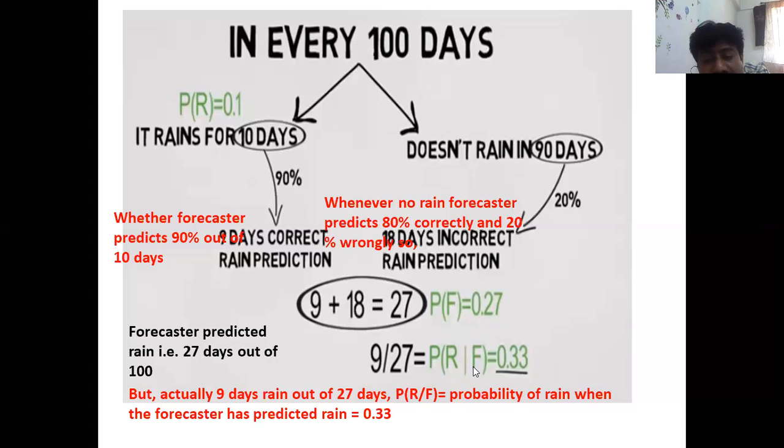And what that person was looking for is the value of the probability of R given F. That is 9 by 27, which is equal to 0.33.